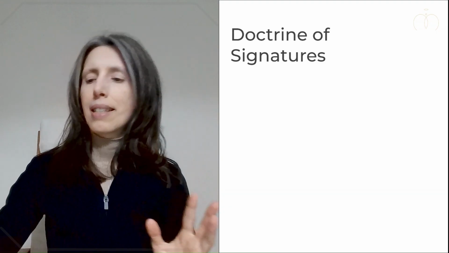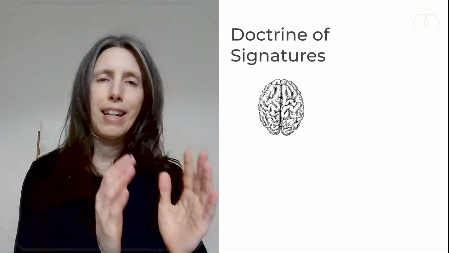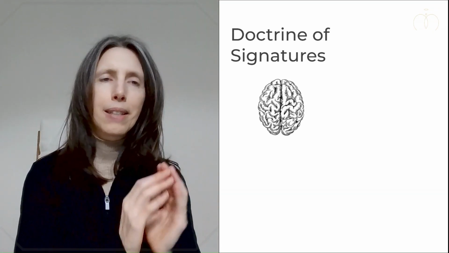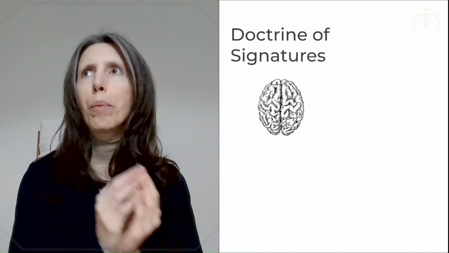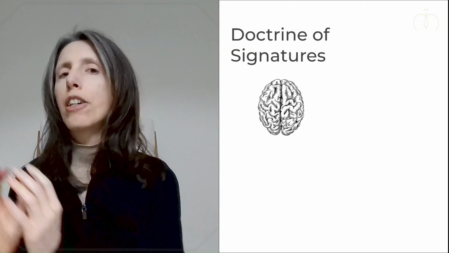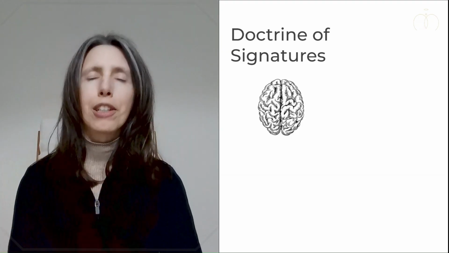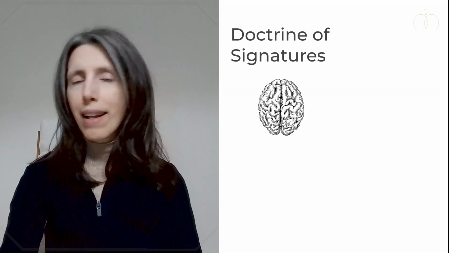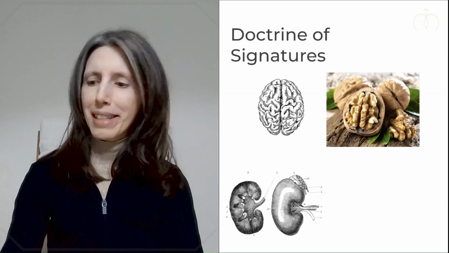What this says is that the shape of an object will help harmonize things in the body of a human that are of similar shape. So we have here an image of a human brain and walnuts.